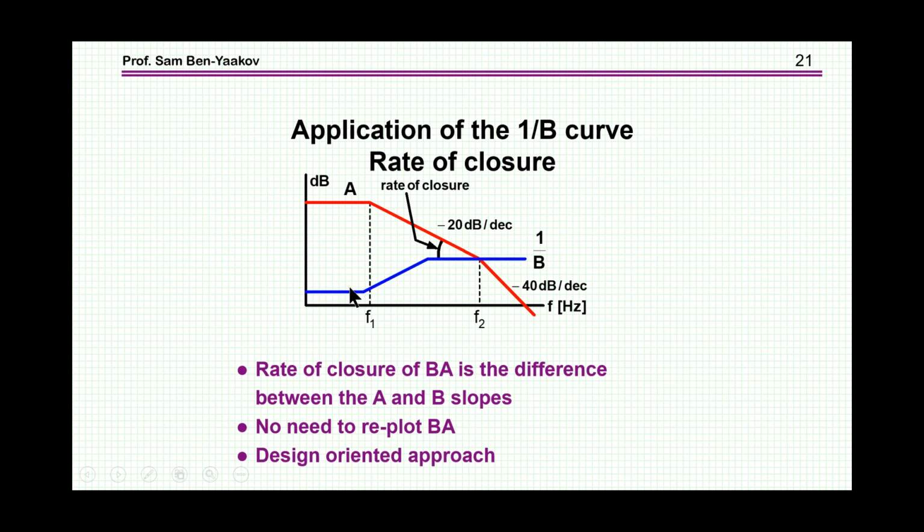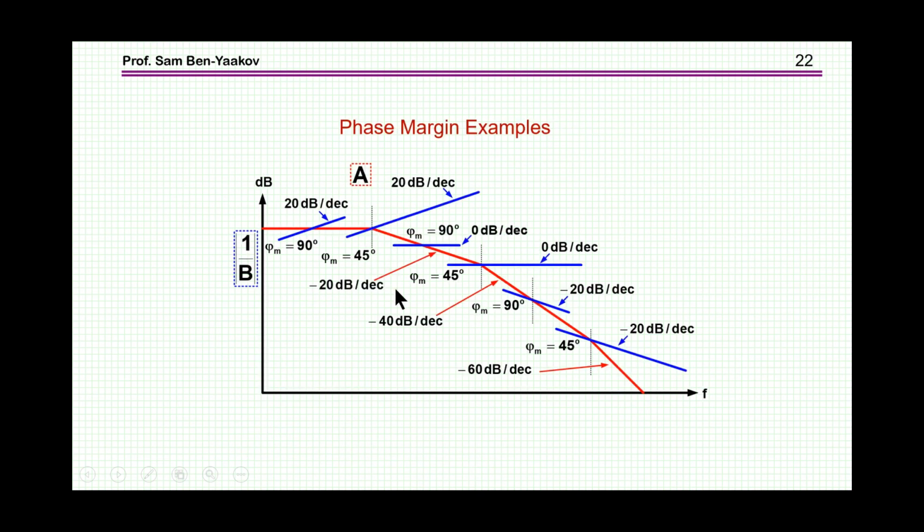Because as we have said, we want the loop gain to have as high a gain as we can, in order to make the system dependent only on the feedback and not on the behavior of the original system. So now I can come up with a very general rule for different situations. I've just drawn here an imaginary transfer function for A, which has many breakpoints. And the blue ones are the controller, the crossover of the controller.